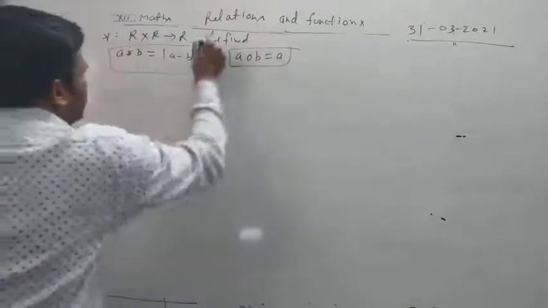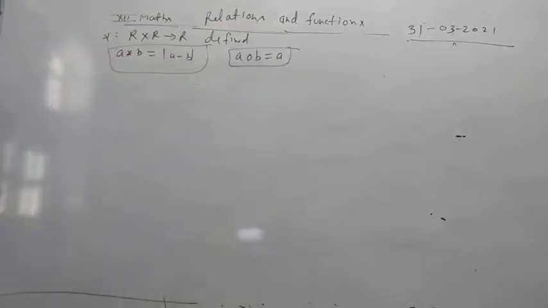It is defined by this and this. Then show that star is commutative but not associative, and operation O is associative.